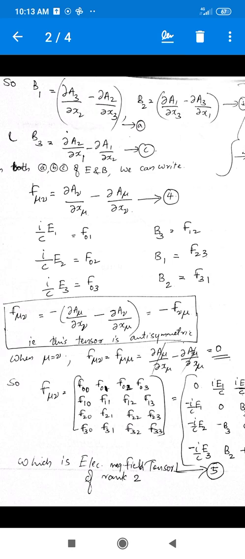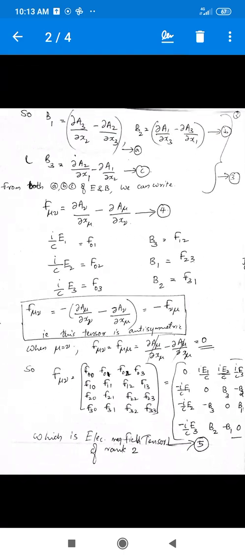When mu and nu are equal, it will be F mu mu, and F mu mu will be 0. So this tensor has diagonal elements 0. That means F00 is 0, F11 is 0, F22 is 0, F33 is 0.